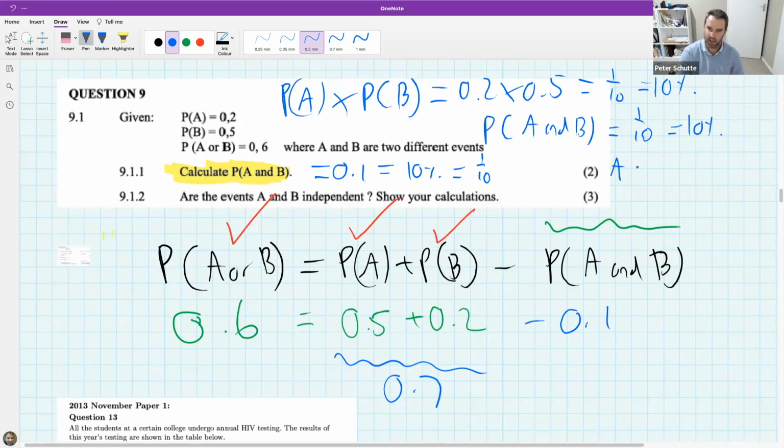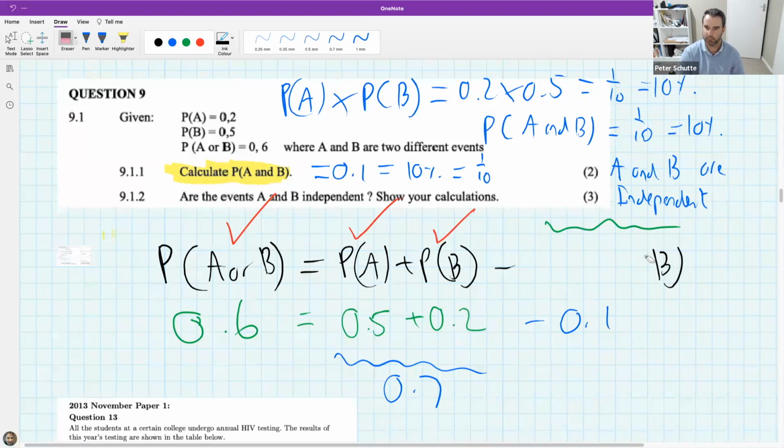So we can say A and B are independent. And the reason they're independent is because we know that P of A and B equals P of A times P of B. And that's it.